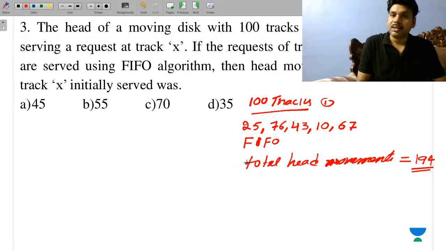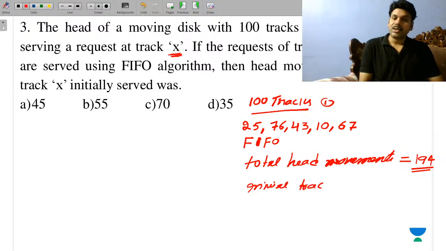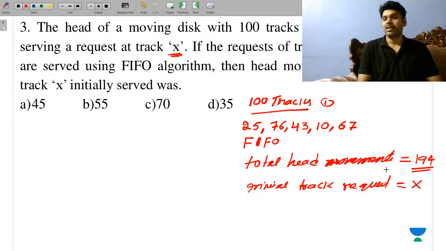Now he said that it is satisfying initially one track, X. The initial track request is X. So by using this 194, we want to see what it is going to service initially.